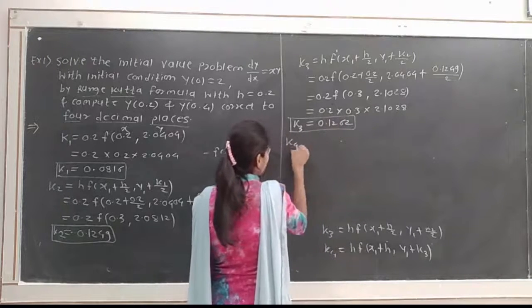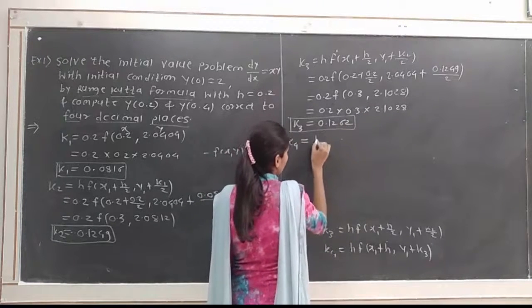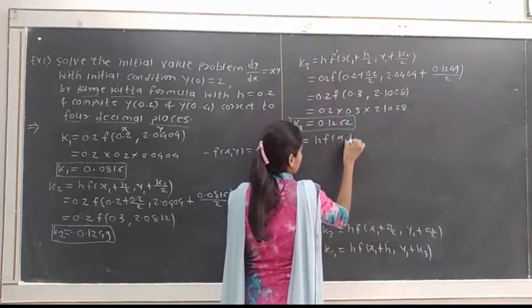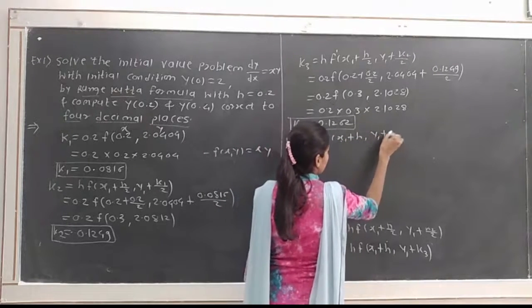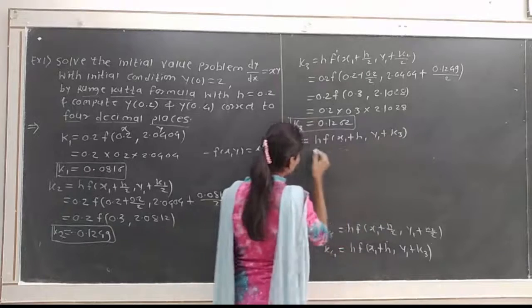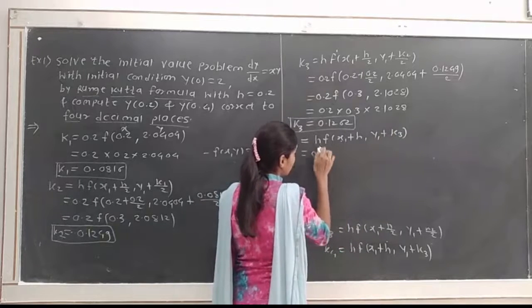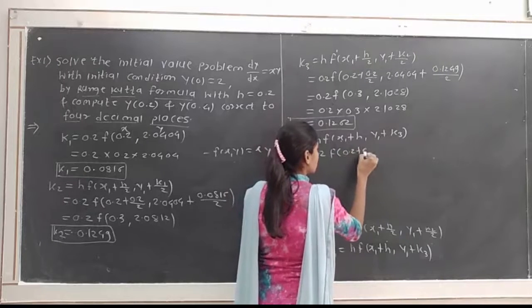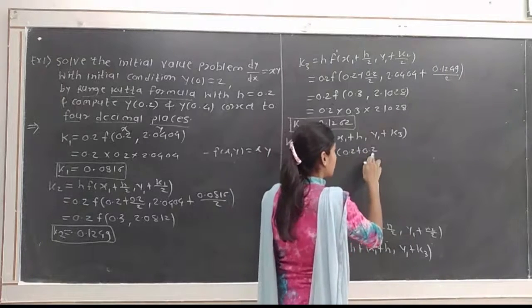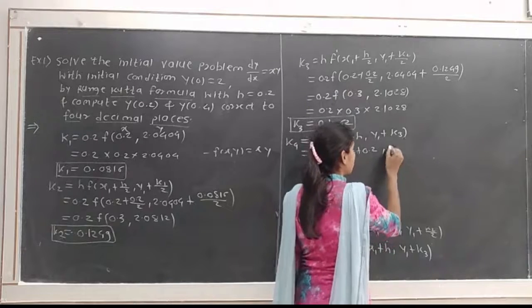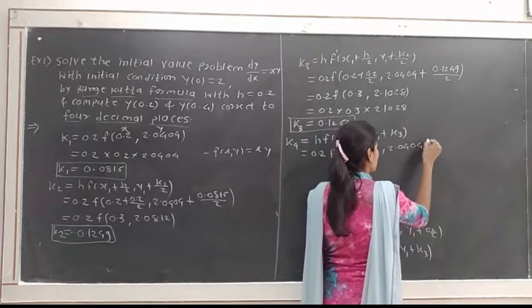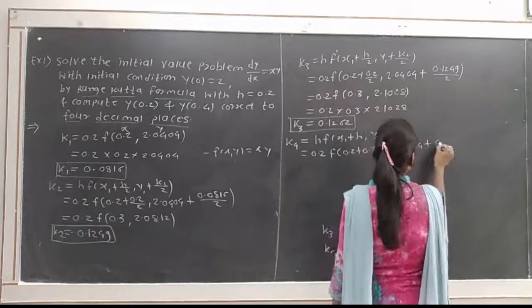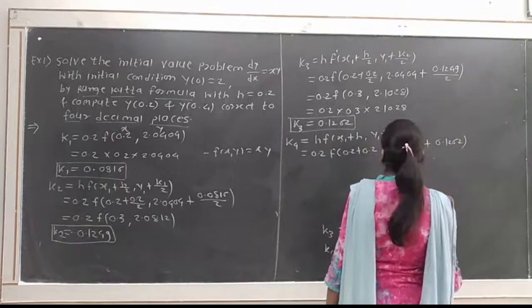Then we find k4. The formula for k4 is h f of x1 plus h comma y1 plus k3. So again put in your values. h will be 0.2, f of x1 will be 0.2 plus 0.2, h being 0.2, then comma y1 will be 2.0404 plus k3, which we have as 0.1262.